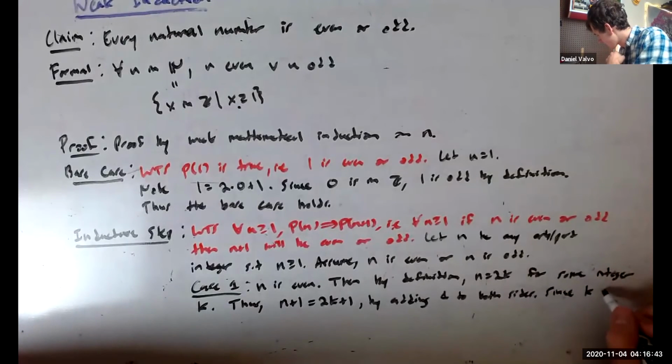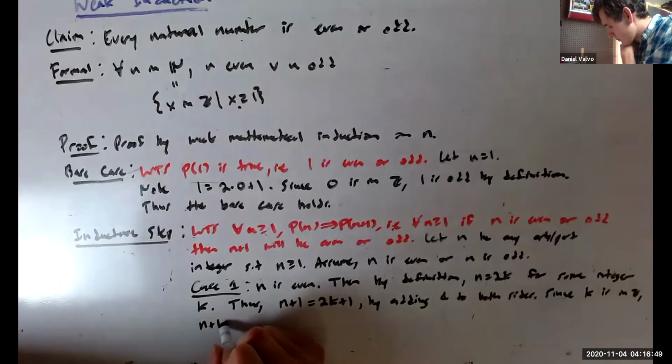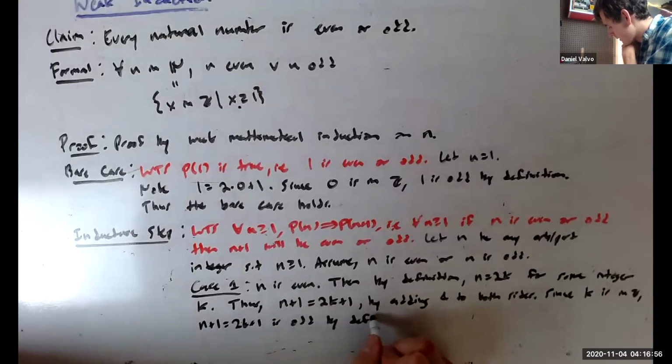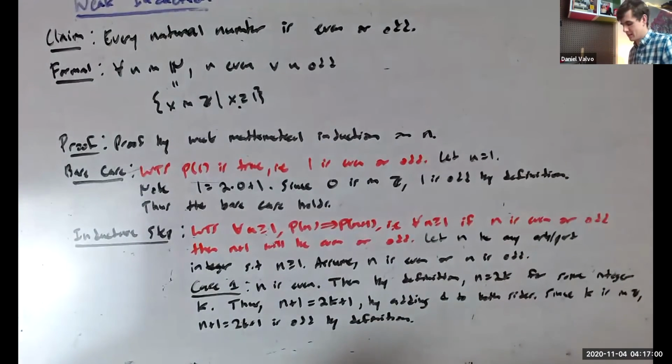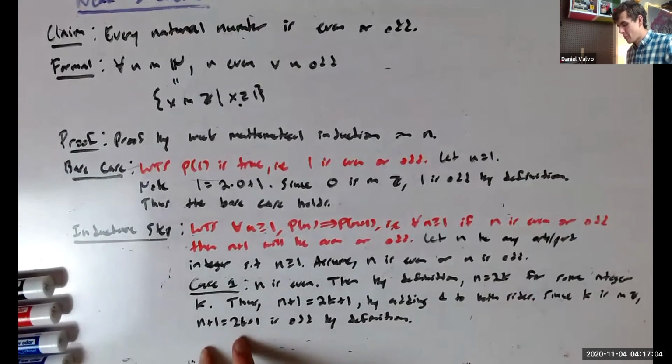Since k is in Z, n plus 1, which equals 2k plus 1, is odd by definition. So in this case we showed that if n is even, then n plus 1 will be odd. It's got to be.